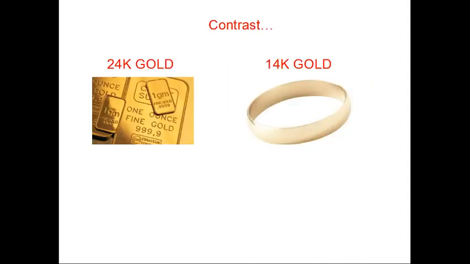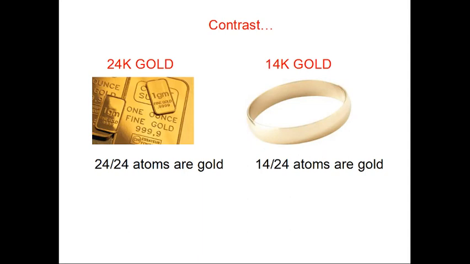Let's look at this example here with 24 karat gold versus 14 karat gold. 24 karat gold means 24 out of 24 atoms are gold. It's pure gold. Everything is gold. 14 karat gold, 14 out of 24 atoms are gold. So let's look at this. Pure gold, versus a mixture of gold and copper.